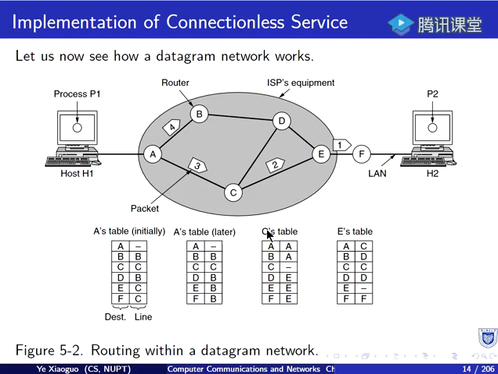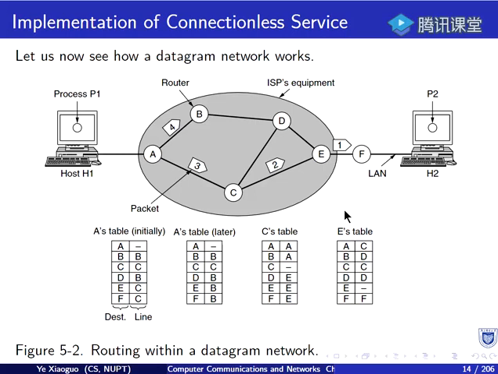And C's original table is like this. And the table of router E is like this.